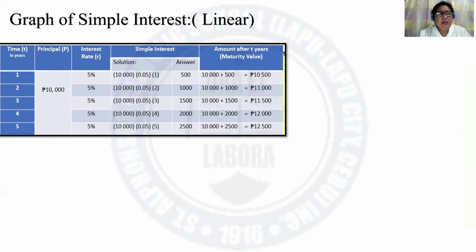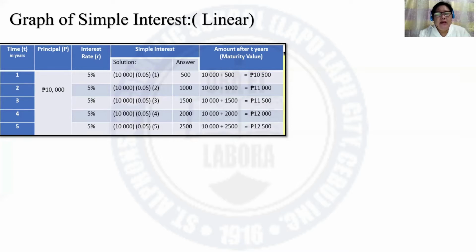Using the tabulation here, we have the first column representing the time, and the principal amount invested is 10,000 at 5% interest rate. After 1 year, the amount is 10,500. After 2 years, we have 11,000.